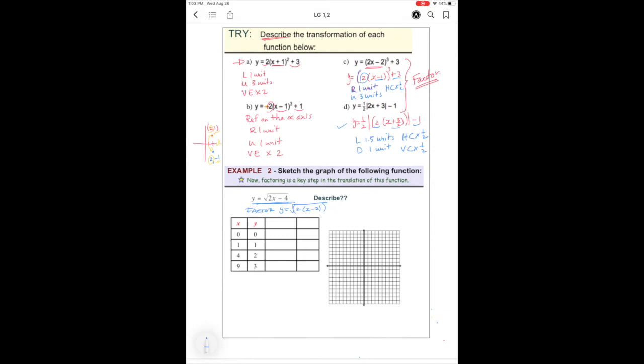Now you can describe. So if I had to describe this guy, I would say it's going right 2 units. It has a horizontal compression by a half, and that's it. So that radical function is doing that.